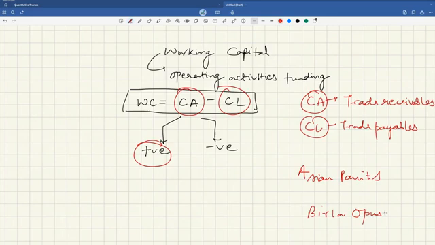With respect to Asian Paints, they have trade receivables and trade payables. A company which is very, very dominant in the market, do they need to come up with schemes wherein they say buy today, pay later?